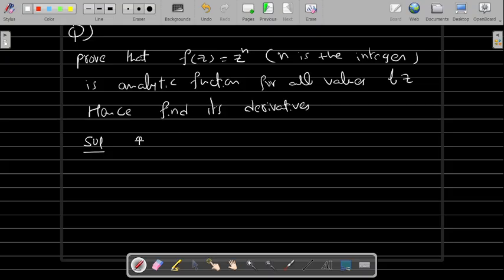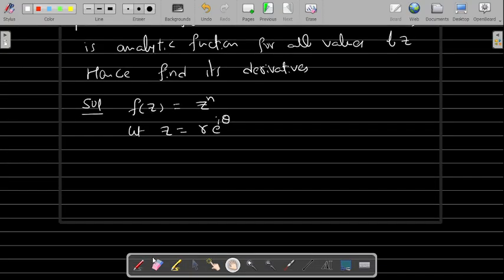Now f of z equal to z power n. In polar form, let z equal to r into e power i theta, which implies f of z equal to r into e power i theta, whole power n.